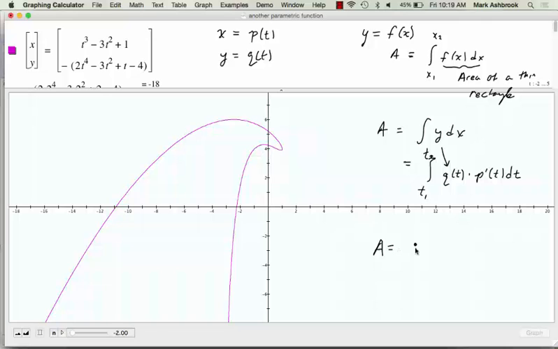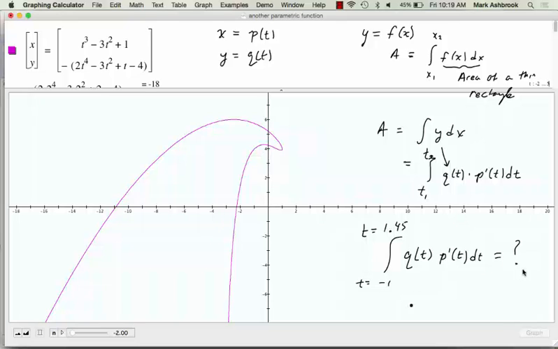If we did the integral for this function from t equals negative 1 to t equals 1.45 of q of t, p prime of t dt, what would that represent?